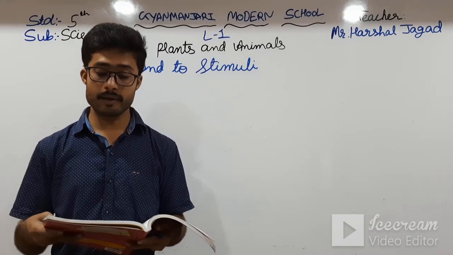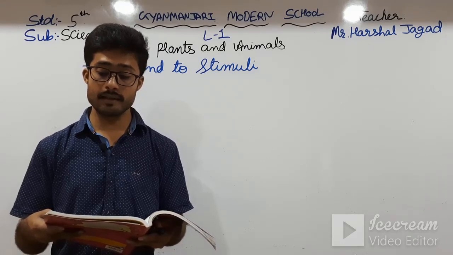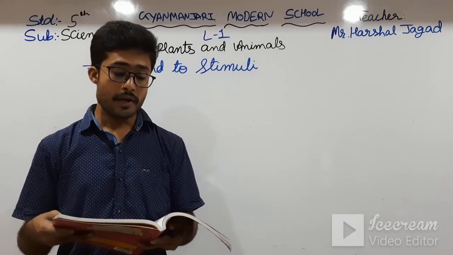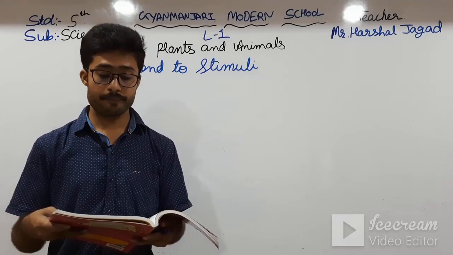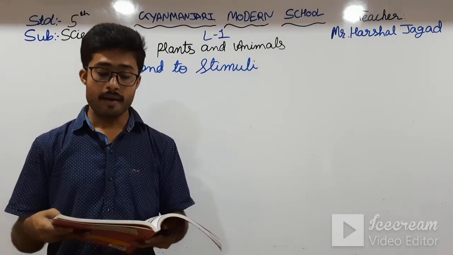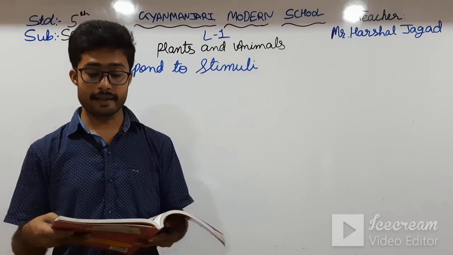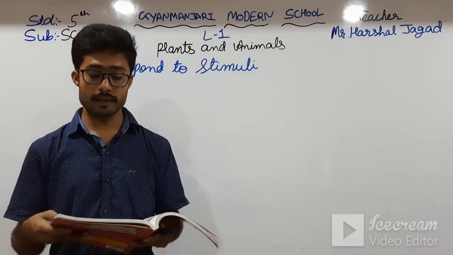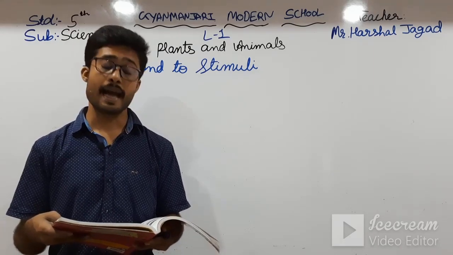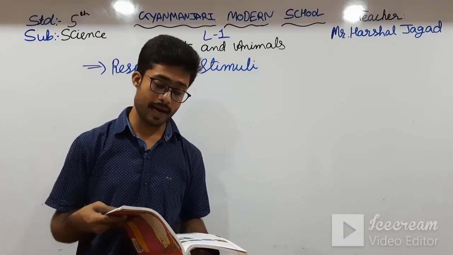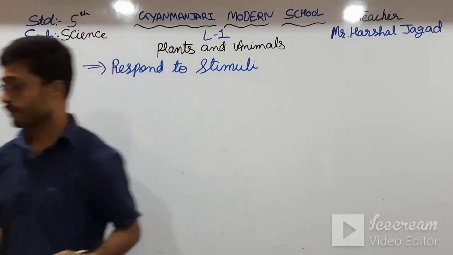Clap your hands and the bird sitting on the windowsill will fly away. You can shoo away animals by waving a stick at them. Take care that you only wave the stick, don't hit the animals. They respond to sight, sound and other stimuli.